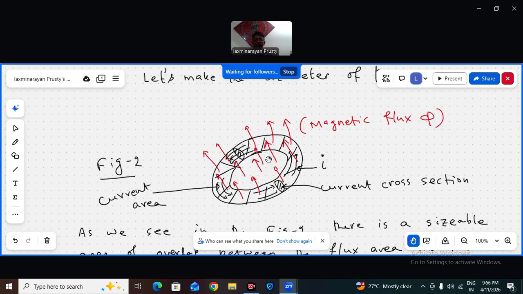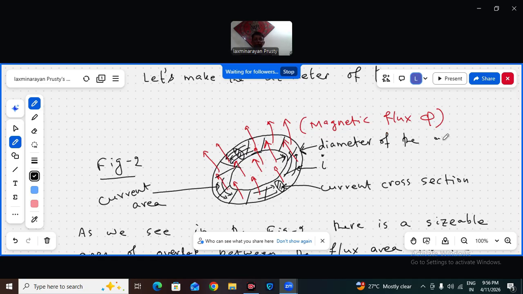Now the diameter of the wire is quite large. It is not negligibly small.